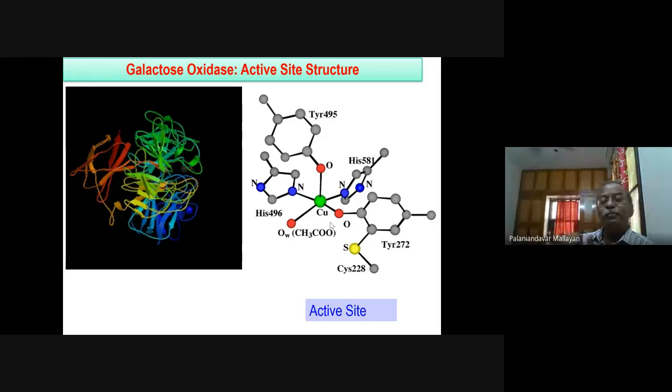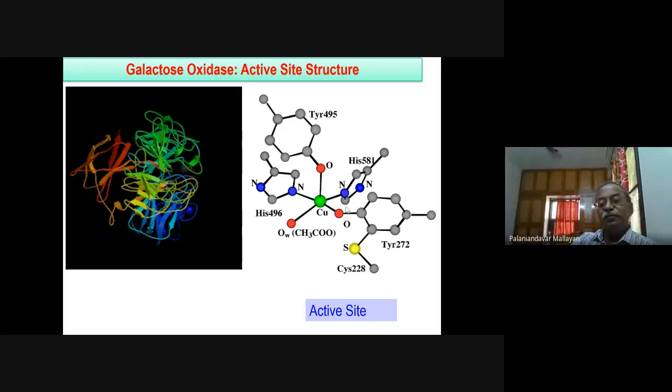So what people used to do is take this galactose oxidase extract and treat it with potassium ferricyanide so that you can oxidize this and then you get the free radical. So please note that this is a free radical enzyme, right?